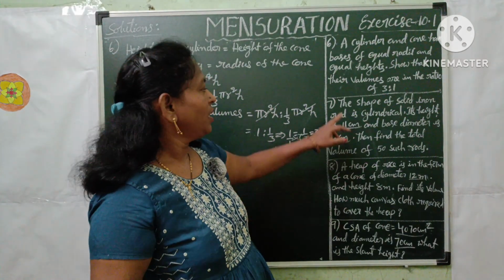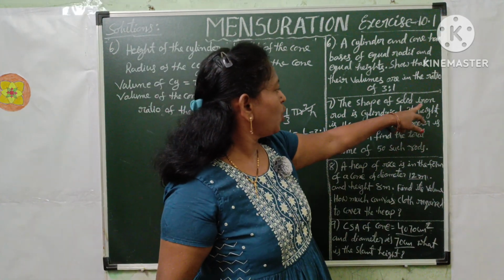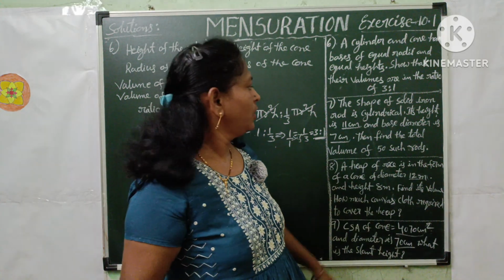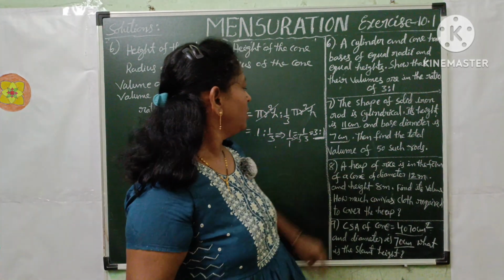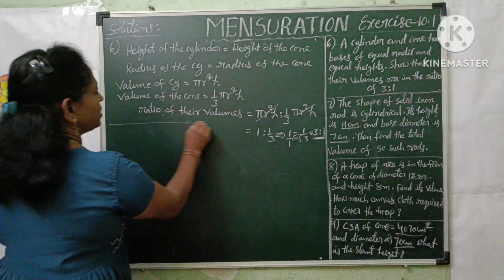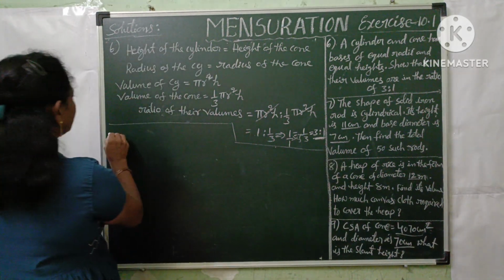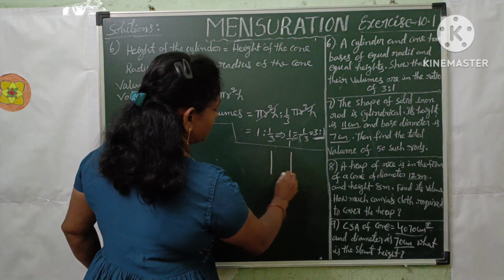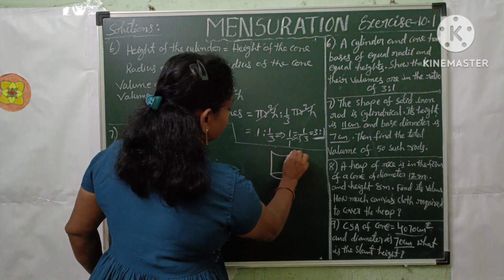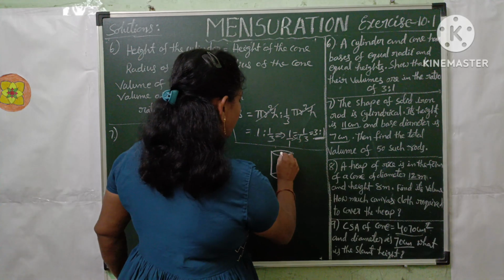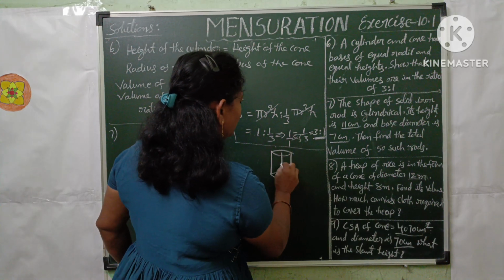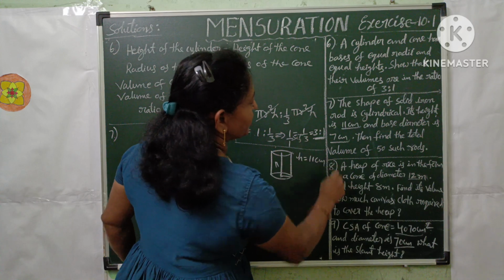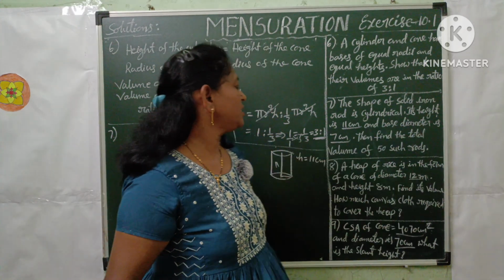The 7th one. The shape of a solid iron rod. The iron rod is in cylindrical shape and its height is 11 centimeters. The height of the cylinder is 11 centimeters, and the base diameter is 7.